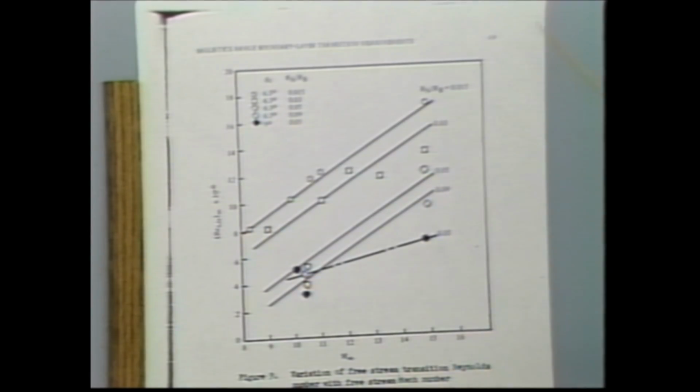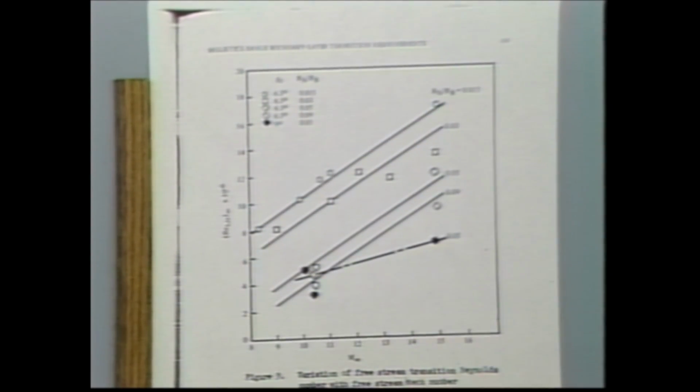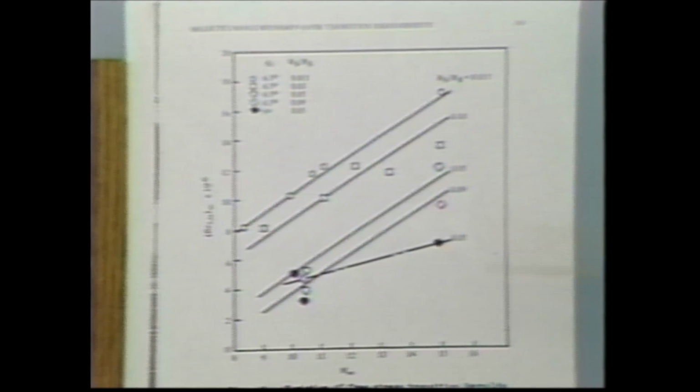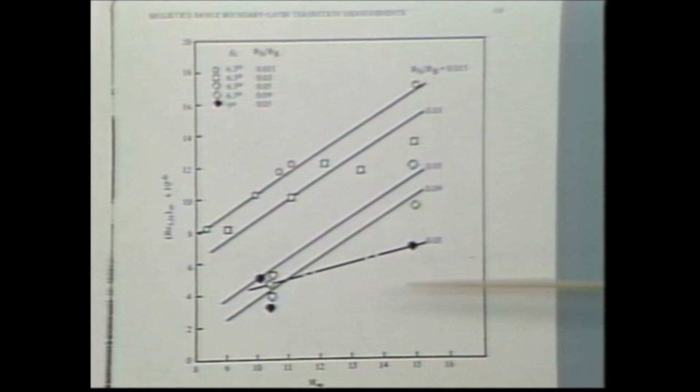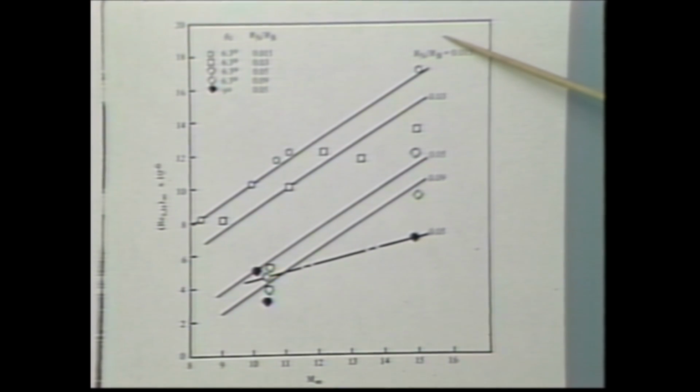What he plots up as data, he finds that, again, transition Reynolds number increases as Mach number increases. He also found that the transition point is very, very sensitive to the geometry. In other words, when he changes the nose radius, when he changes the cone angle, he gets a very different plot of the transition Reynolds number versus Mach number.